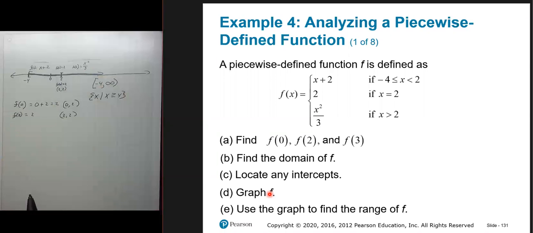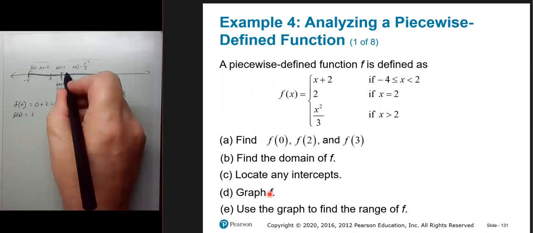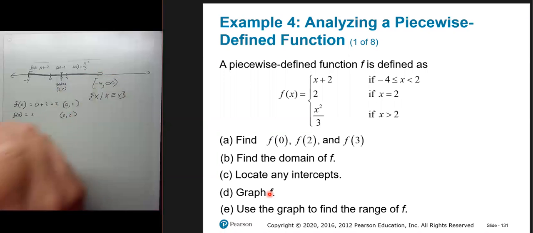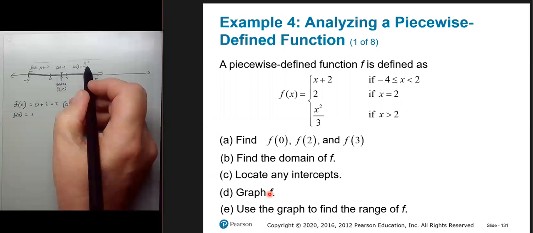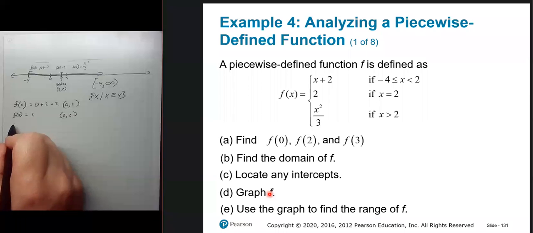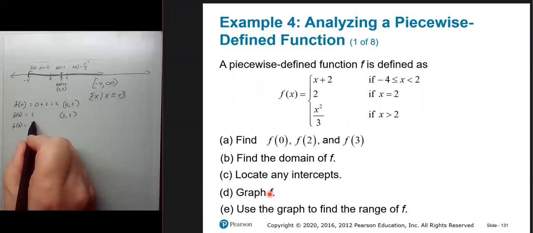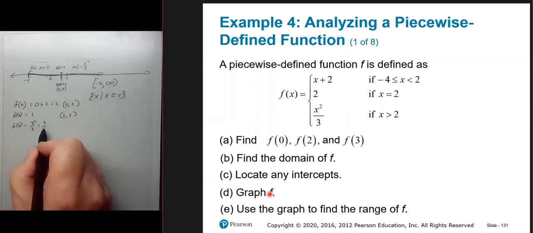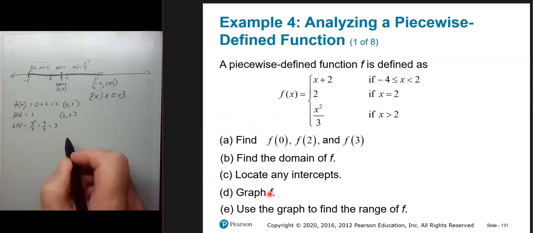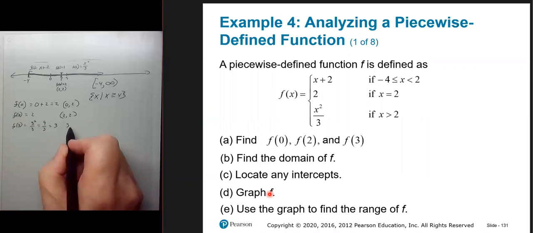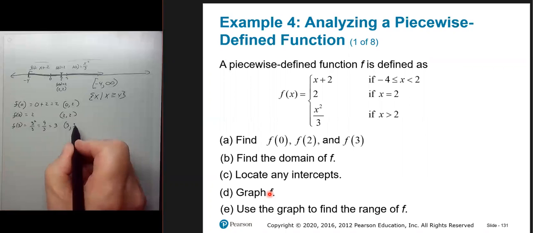Right now, 3 is in this portion of the domain. So we're going to use this function here. So my f of 3 is going to be 3 squared divided by 3, which is 9/3, which is 3. So when I put 3 in for x, I get 3 out for y.